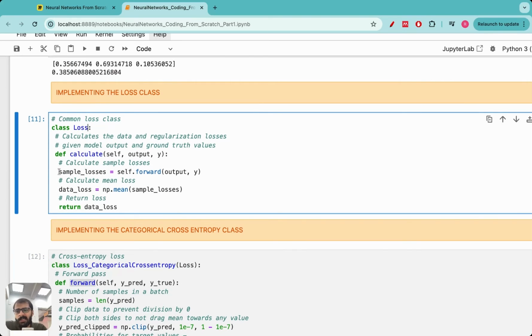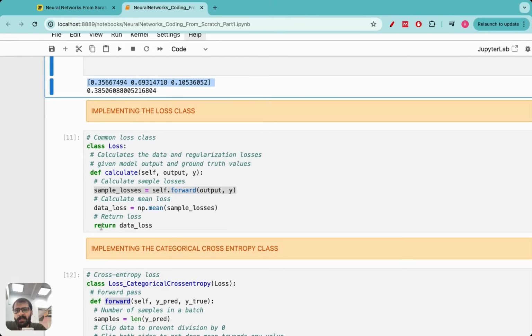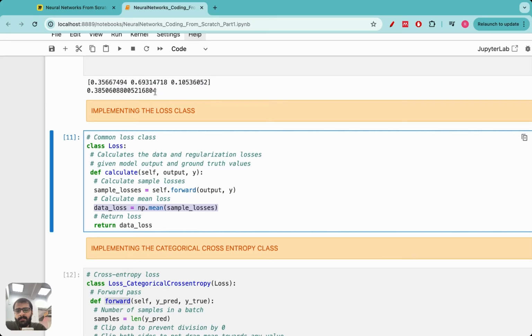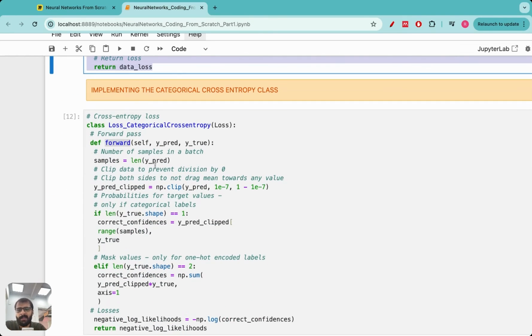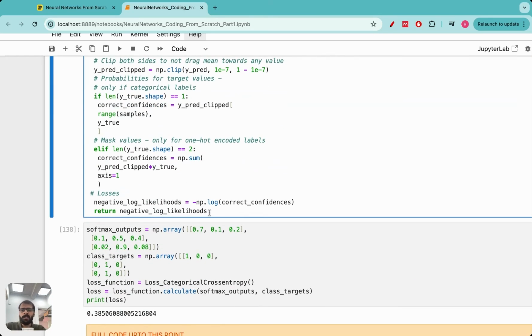When you call the loss class, it will first calculate the array of losses or the negative log likelihood, and then it will take a mean, and return the final mean as the loss. The reason we implement one more class like this is just for the sake of simplicity. Instead of making this loss categorical cross entropy also return the mean, we only return the negative log likelihoods here so that we can also see the values.